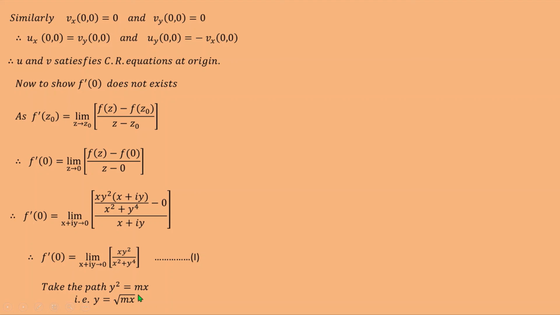Now here consider the path y square is equal to mx, that is, y is equal to root of mx. And therefore f dash 0 is equal to limit x plus i times root of mx, tends to 0, of x into the value of y square, which is mx, upon x square plus y raised to 4. Take square on this side, we get y raised to 4 is equal to m square x square.